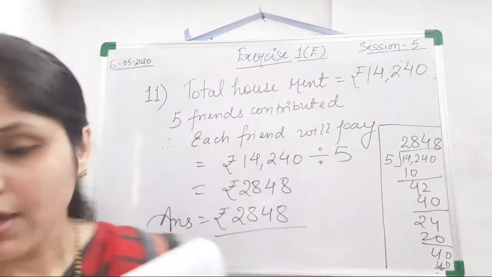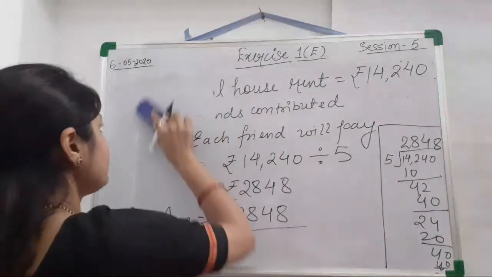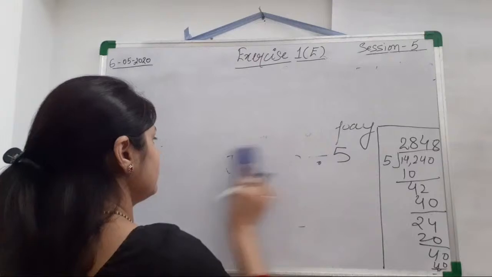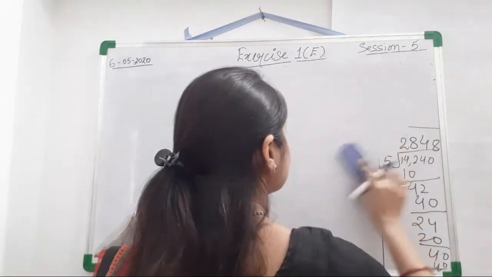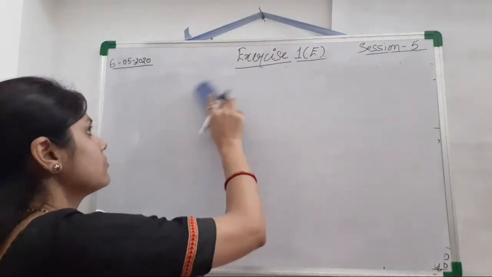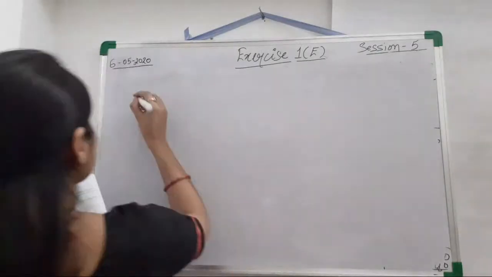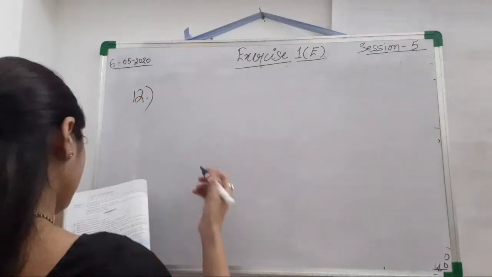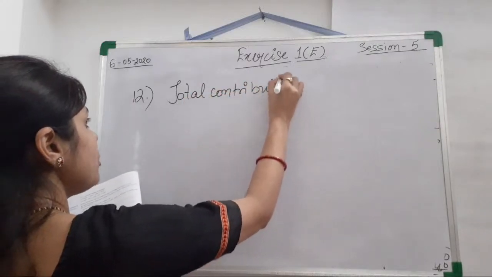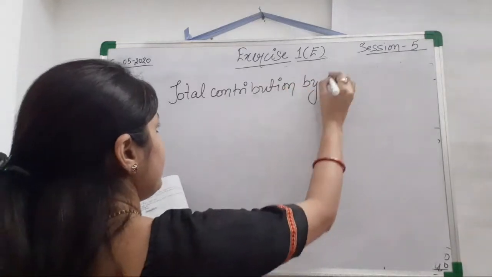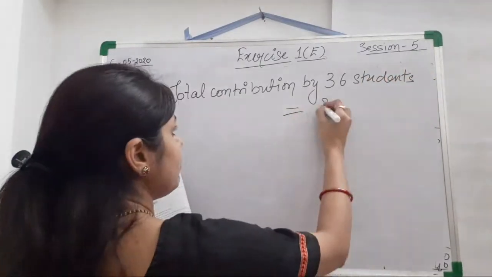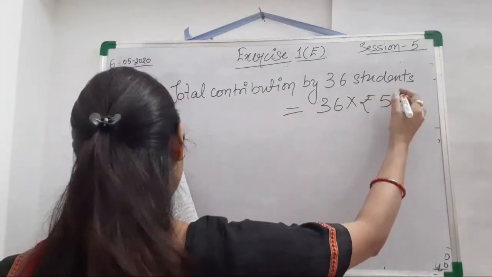Okay, let me make the equation. Total contribution by 36 students will be 36 into rupees 540.